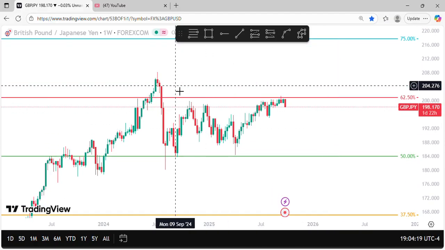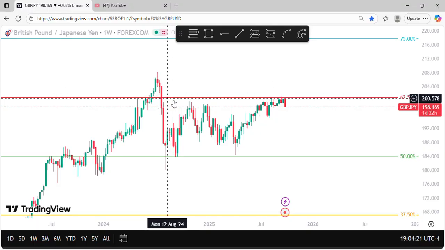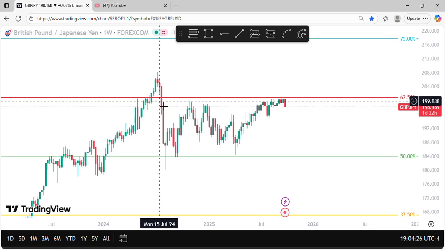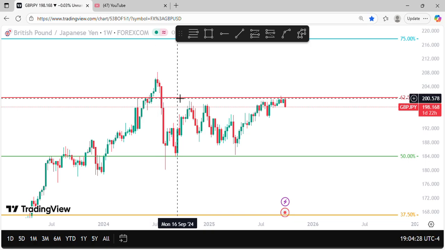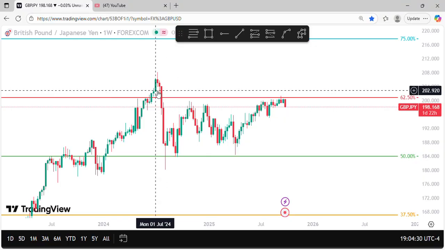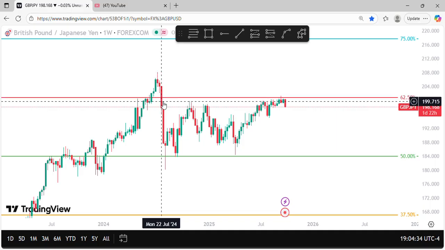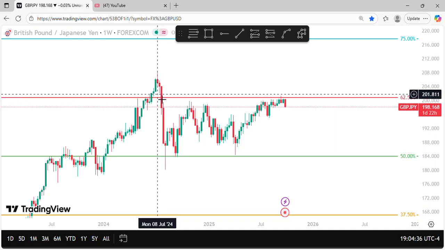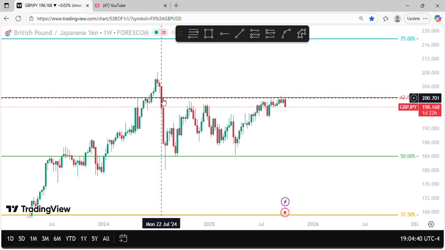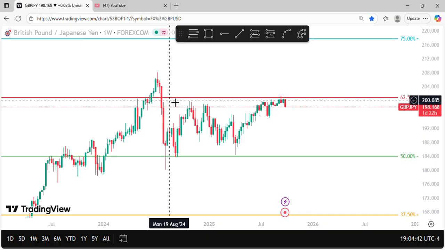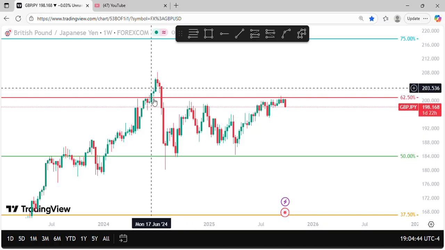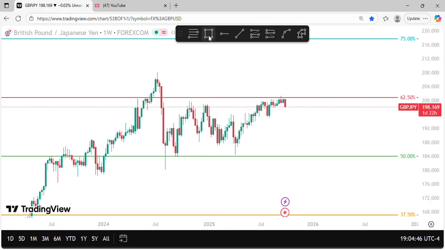And so what you can basically see is that these levels have around them, or exactly on them, very key signatures, or PD arrays as ICT would call them, right? And so you have it here at the 62.5, a bearish fair value gap seated right there.